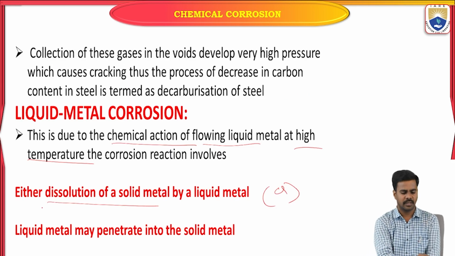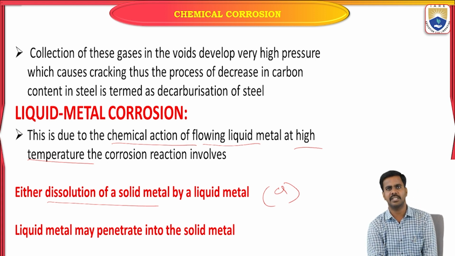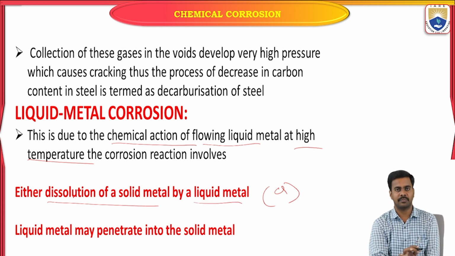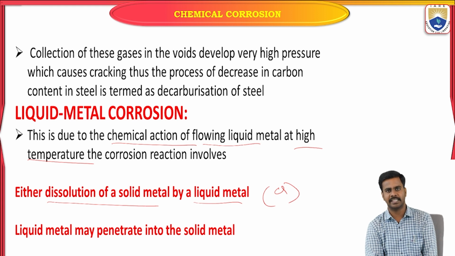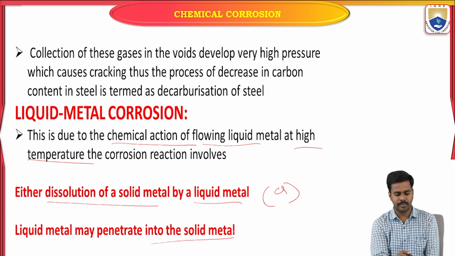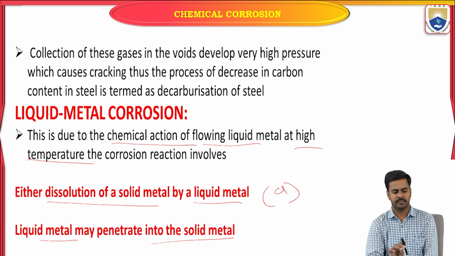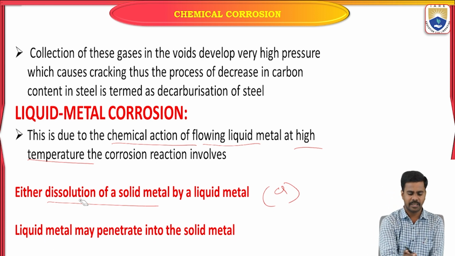In this process, either dissolution of solid metal by a liquid metal, that means flowing liquid metal on the surface of the solid metal dissolves it, or the liquid metal may penetrate into the solid metal, and the solid metal will undergo degradation. So that is liquid metal corrosion.